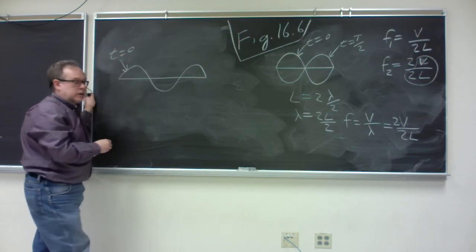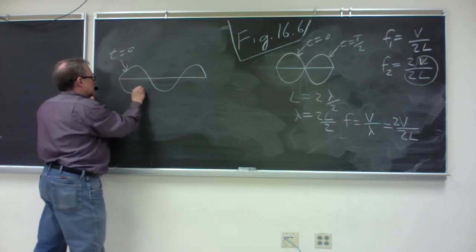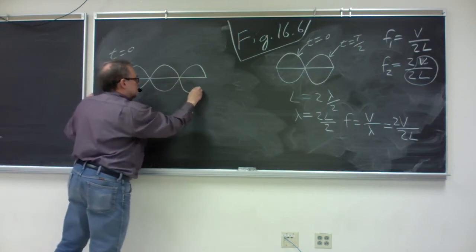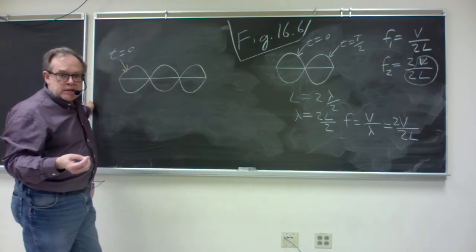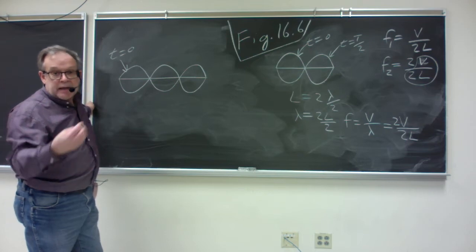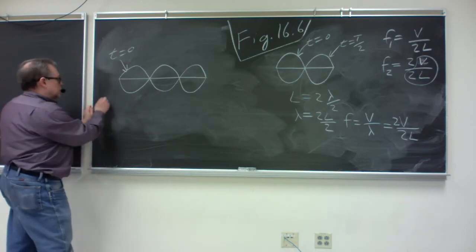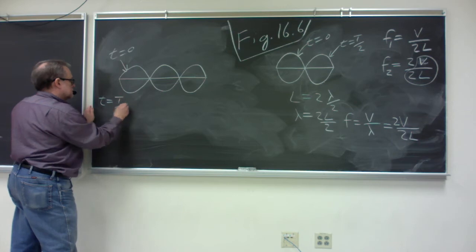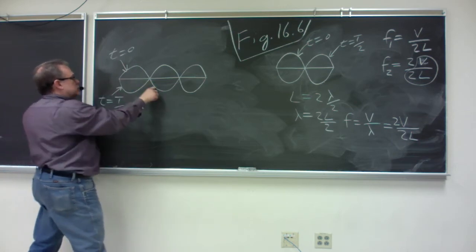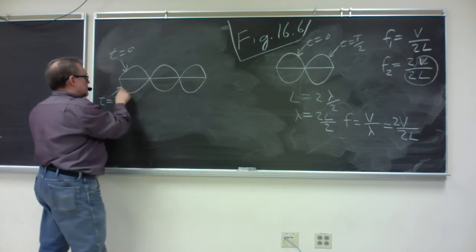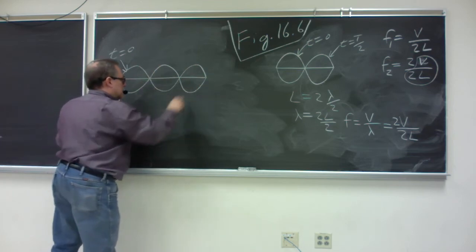And then half a cycle later, a snapshot would look like this, when everything is at its maximum distance away from equilibrium, but on the opposite side. Going from this shape to this shape.